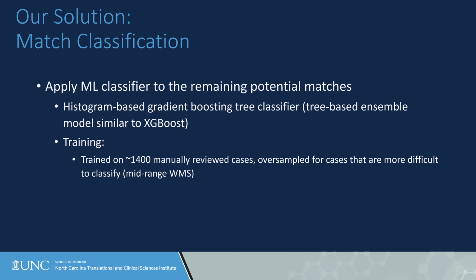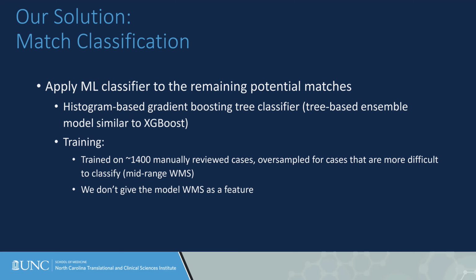Because of that, the training data set here is not a fully random sample. Instead, we've oversampled for more difficult cases to classify, those with mid-range scores. We're doing that to give the model the best chance we can to learn how to handle the difficult cases.